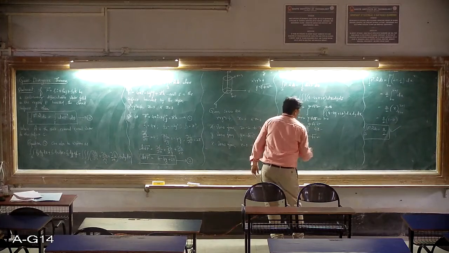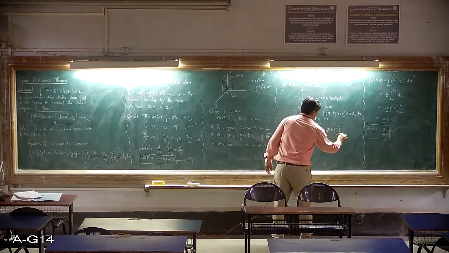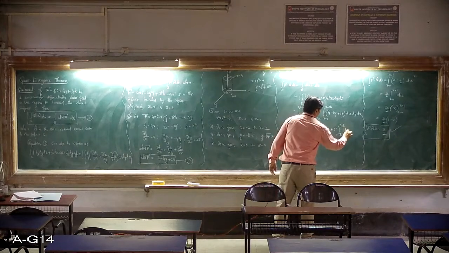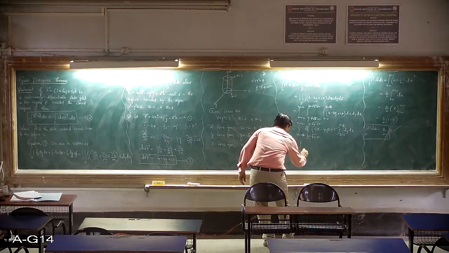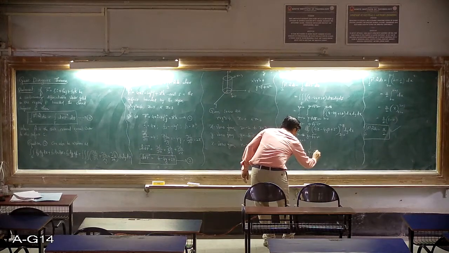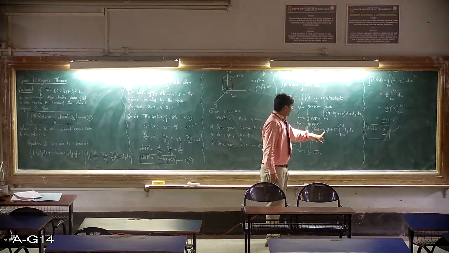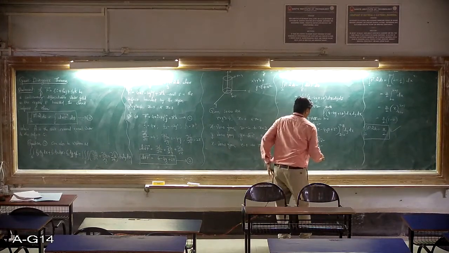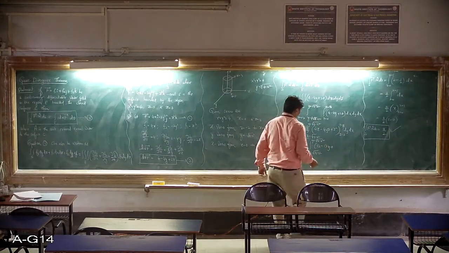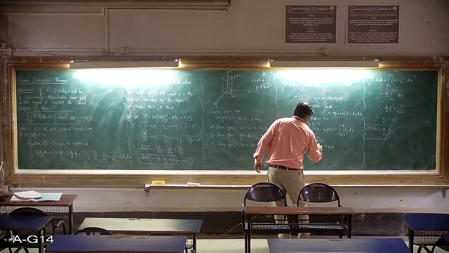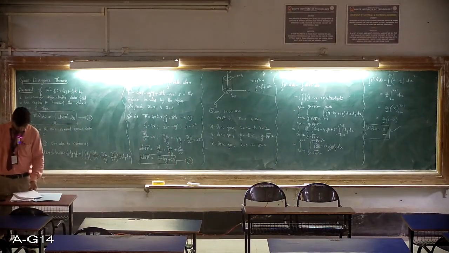This is 4z minus 4yz plus z square, with z running from 0 to 3, into dy dx. Putting the upper limit, we get 12 minus 12y plus z square, 3 square is 9, so 9 plus 12 is 21, into dy dx.